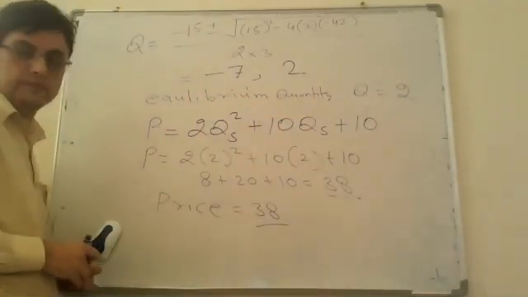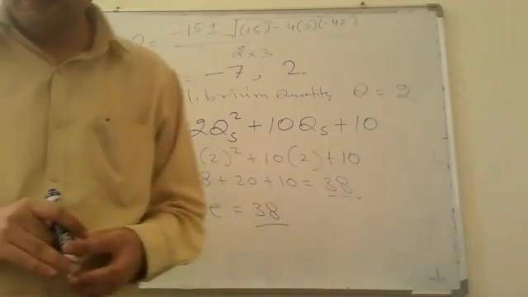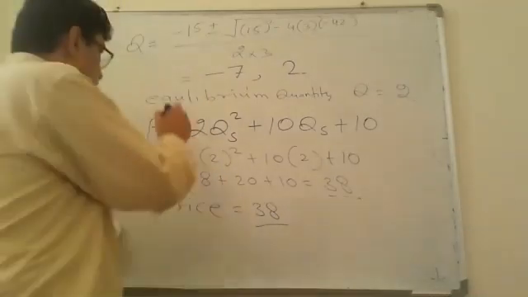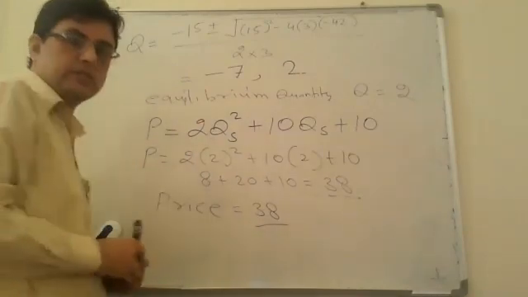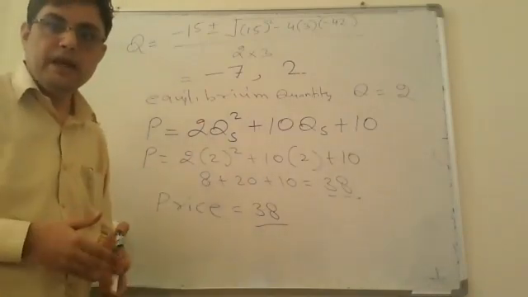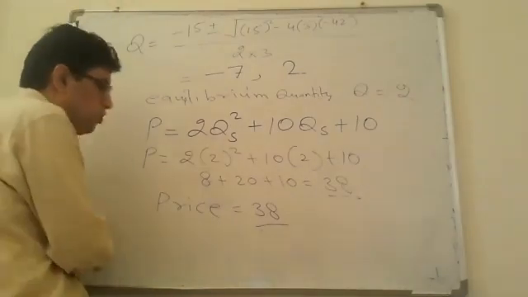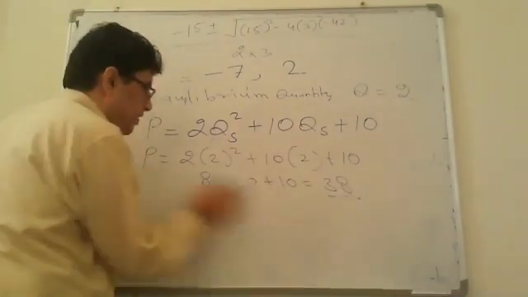This is the price, 30. So equilibrium price and equilibrium quantity, this is the answer. Next step, I will show you something different.